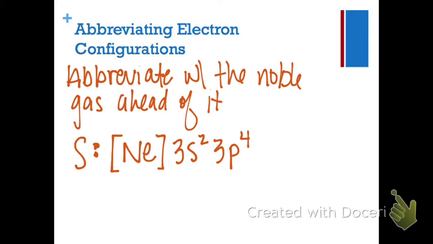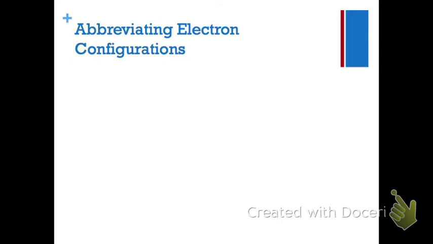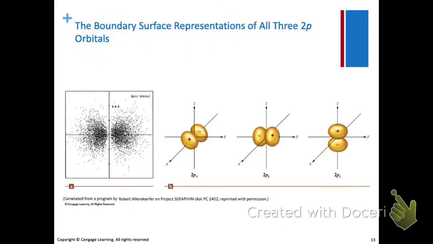If you look back at this slide here, you'll see that the versions of the orbitals are called px, py, and pz. For right now, I'm not going to have you start differentiating which orbital version each electron is in.